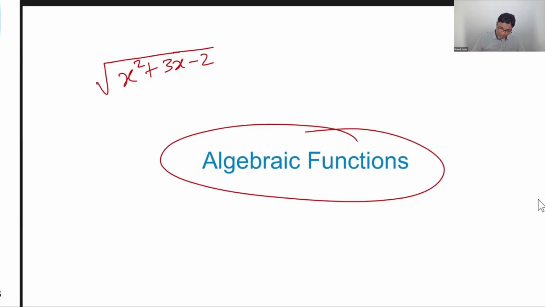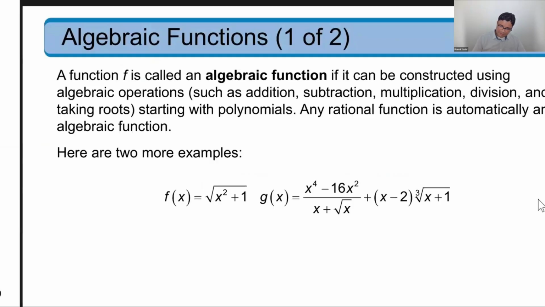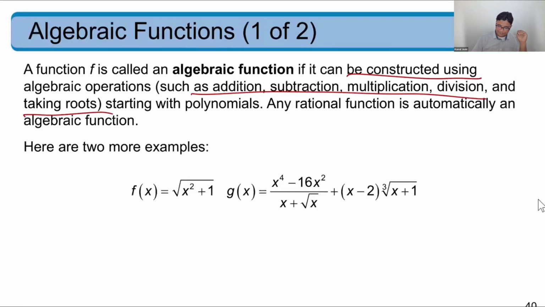If you start doing this kind of manipulations, the general category would be called algebraic functions. So here is a formal definition. You construct that polynomial using addition, subtraction, multiplication, division, taking roots. And these are examples: under root x square plus 1. And here is a rational-like function, but it's not rational because the denominator is not a polynomial.